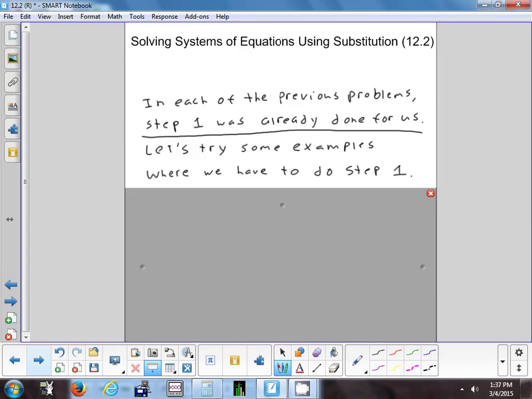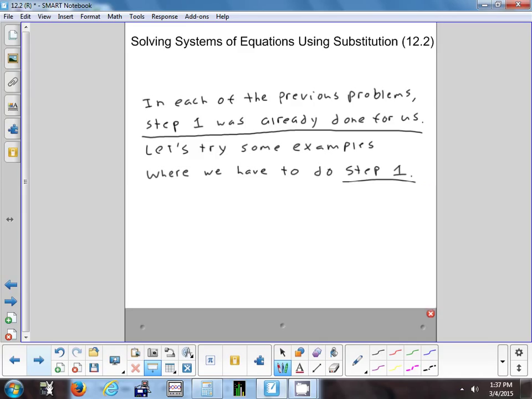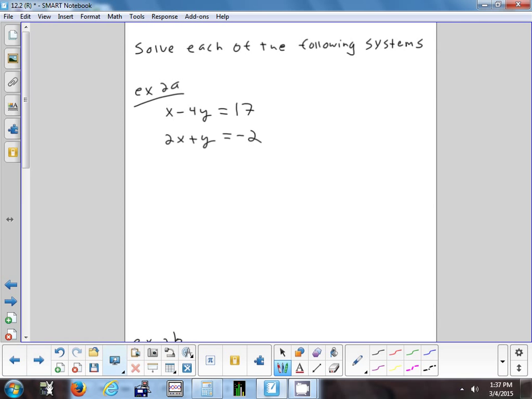But once we do it, everything else is the same: plugging it in, doing the distributive property, combining like terms. We still have to find x and y. We just have to do step one. And we're going to make it obvious which letter you should try to get by itself.